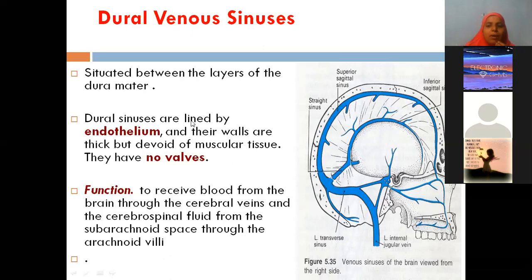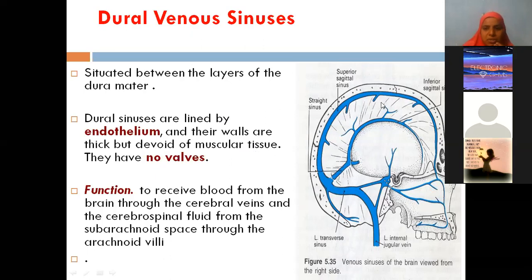But here only the lining cells are endothelial cells. We do not have any muscular tissue. We don't even have valves here. Why are the valves not there? Because the blood is flowing along gravity, isn't it? That's the reason we do not have any valves, though they are veins.